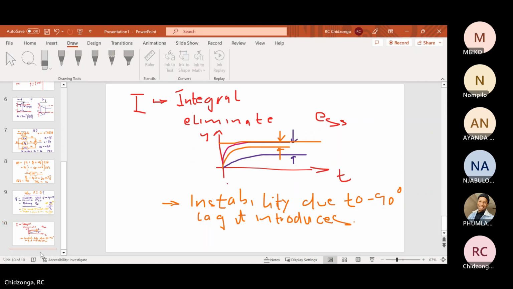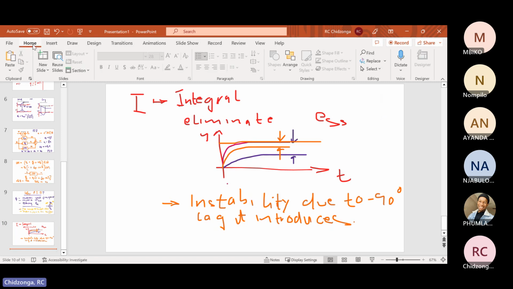All right? Now, what about the D term, the derivative term?